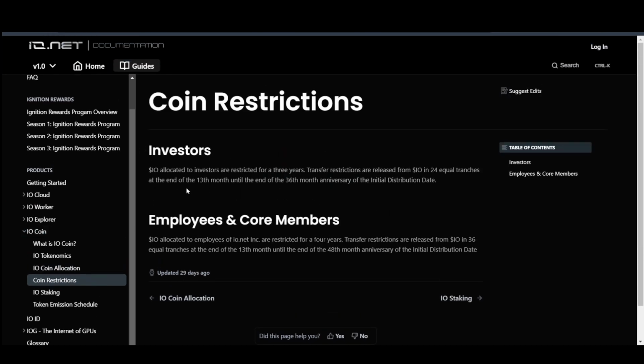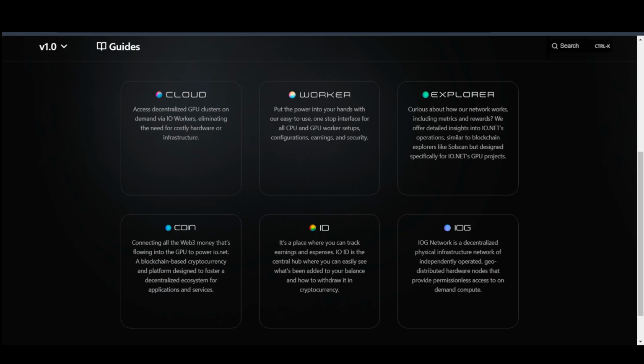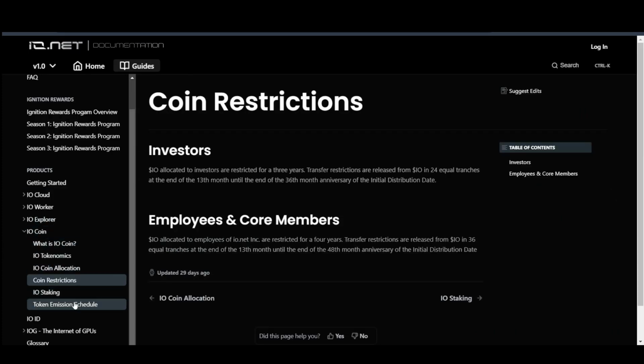But there is a catch, because the investors' tokens are locked for, I think, 13 months, which is pretty awesome. So for 1 year there won't be sell pressure. I think this coin should be pretty good to hold for 1 year, and after that, if the investors do get their tokens, we'll see sell pressure, but as of now I don't think we'll have that much.